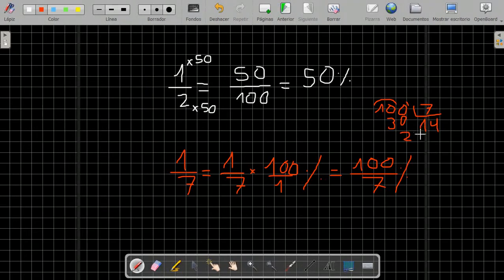I ran out of integers, so I'm going to place a point here and a 0 there. And 2 times 7 is 14, to the 20 is 6. I will place another 0 here, and 7 times 8 is 56, to the 60 is 4.